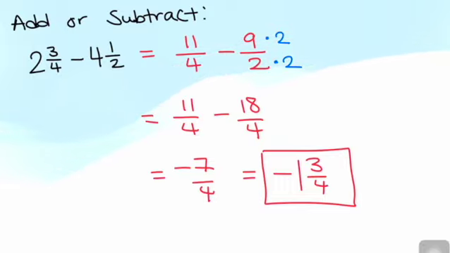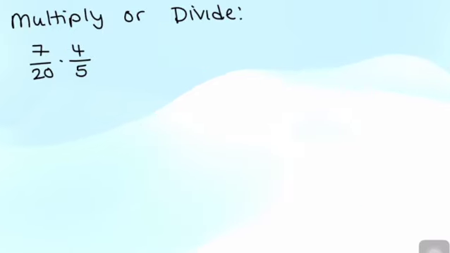All right, so to add or subtract, you always need a common denominator. If you want to multiply or divide fractions, you don't need the same denominator. Instead, we can multiply by simply going straight across. That means if I have 7/20 times 4/5, I can just multiply 7 times 4 is 28. 20 times 5 is 100.